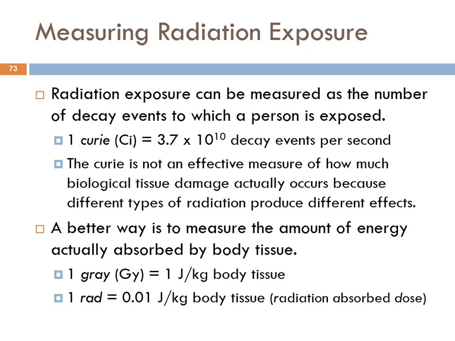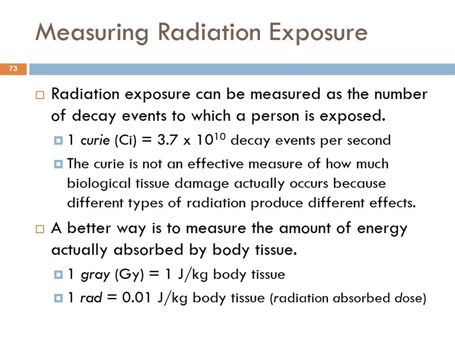You have gamma rays, the motorbikes of radiation, that have great penetrating power but low ionizing power. And then you have alpha emitters at the other end that are like Mack trucks, and they ionize tremendously, but they don't penetrate much. So it really depends on what kind of radiation you're dealing with.